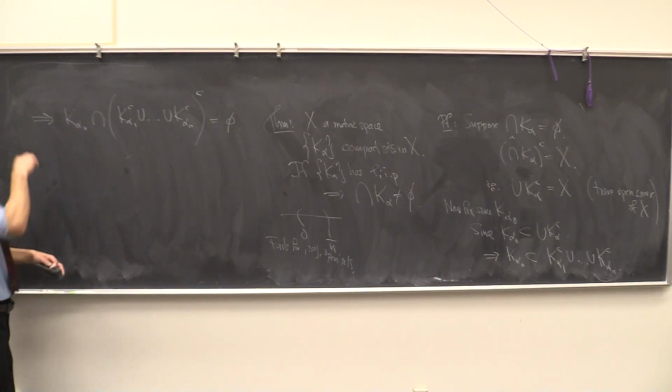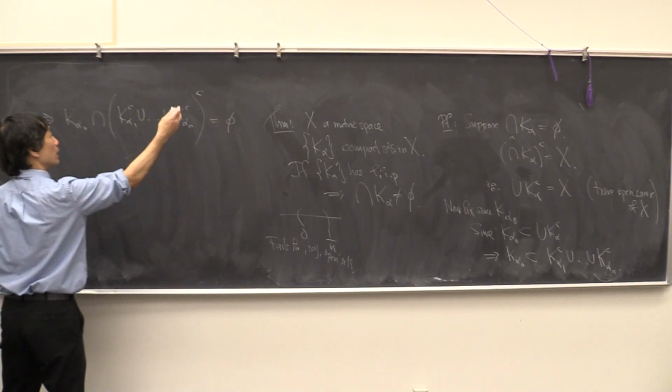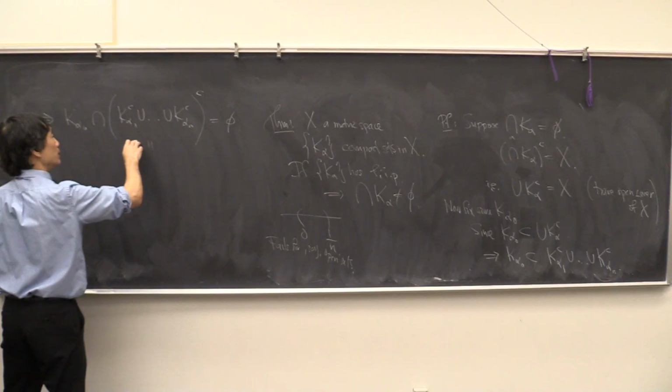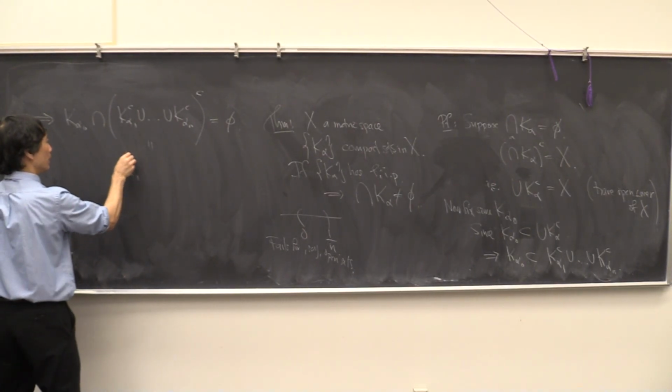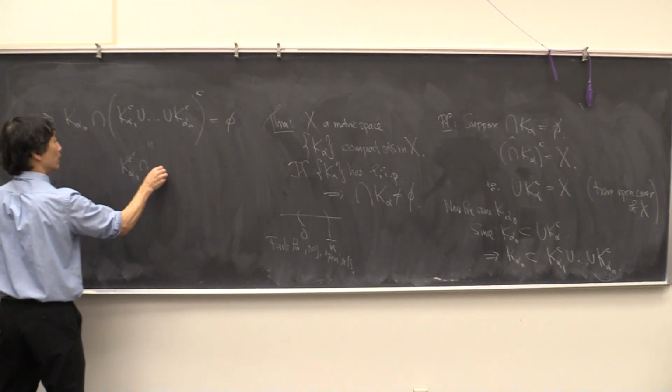But again, by De Morgan's laws, the complement of a union is the intersection of the complements.